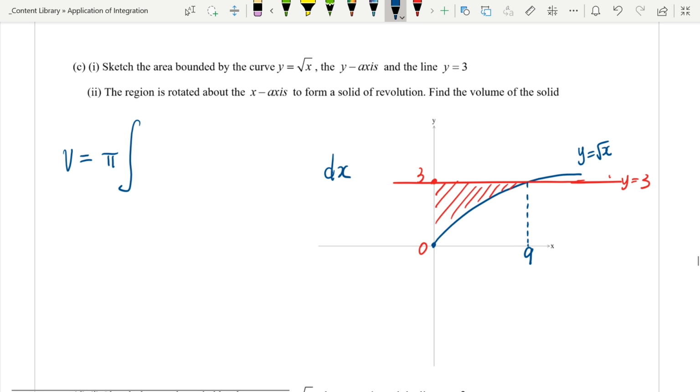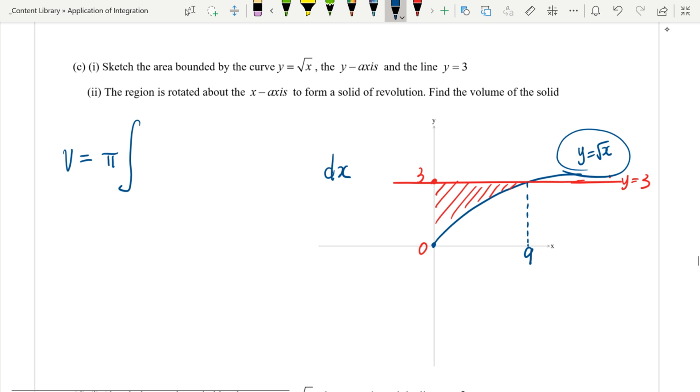So this is a little bit harder compared to the previous session. This area is formed between two things, not one thing. So what we need to do is use the top function squared minus the bottom function squared. Remember, you still need to have things in terms of x, and this is in terms of x, which is good.